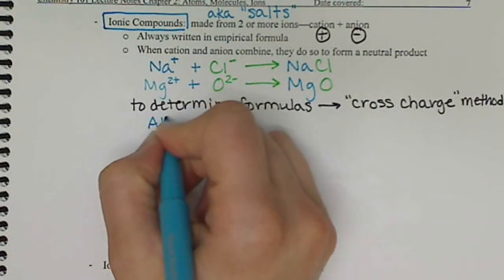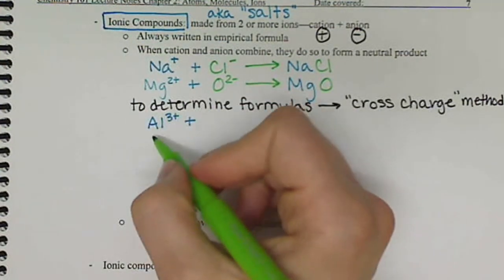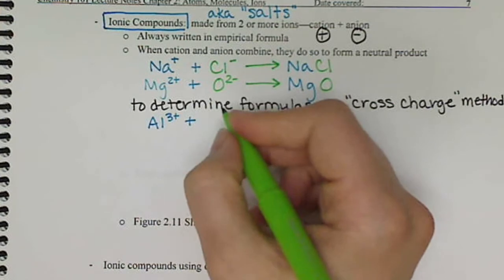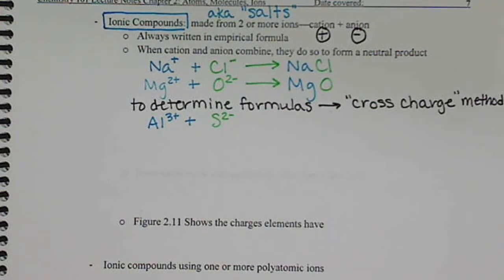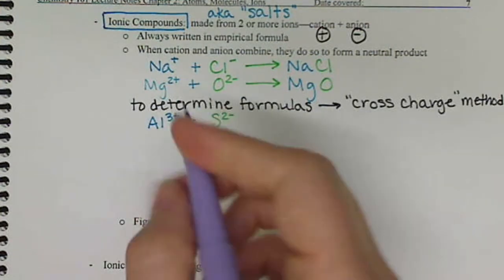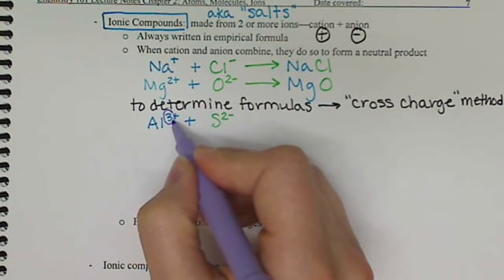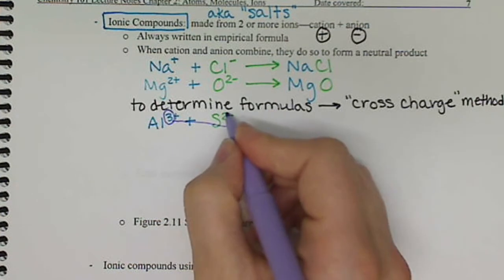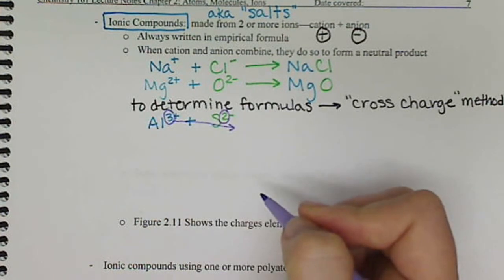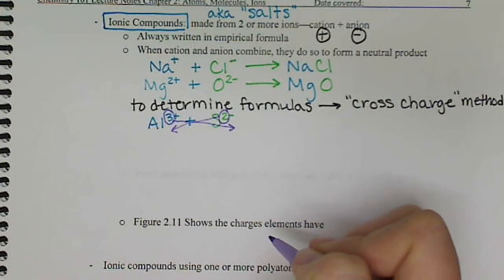And how that works is, we're going to look at an example here. We have aluminum ion, 3 plus, the sulfide ion, 2 minus. What we're going to do is take the value of our cation. That's going to become the subscript for our anion. The value on the anion becomes the subscript for the cation.